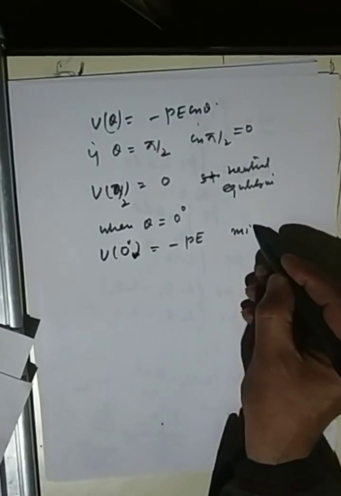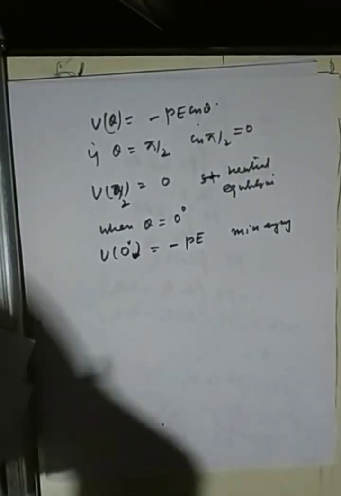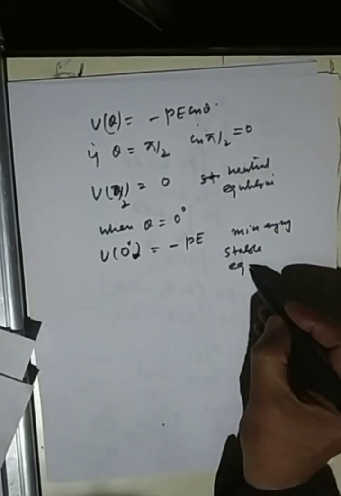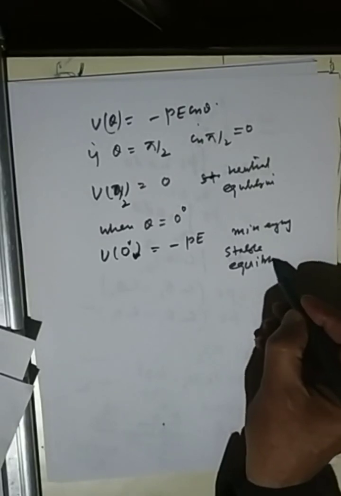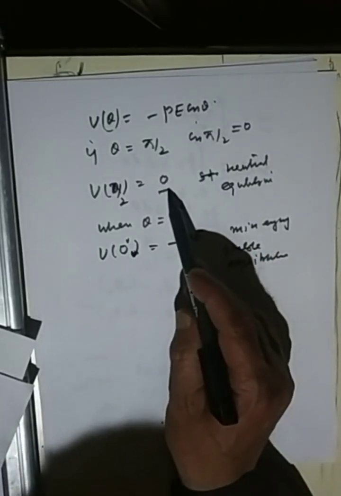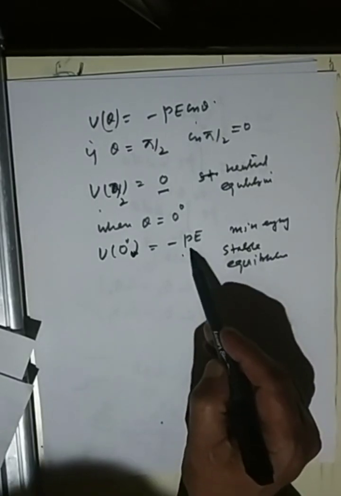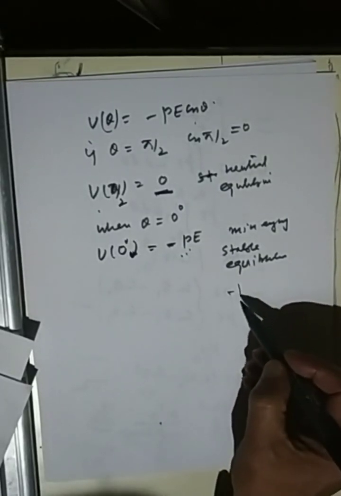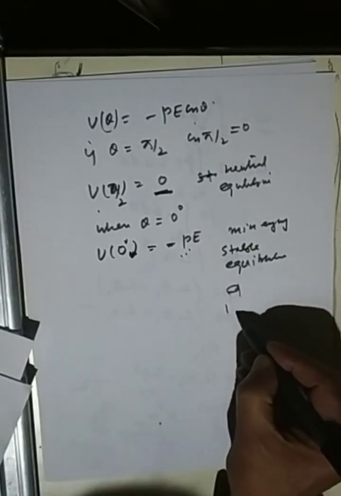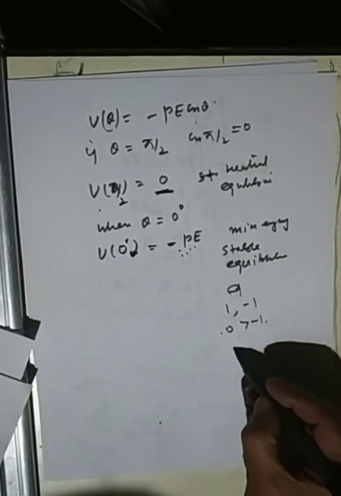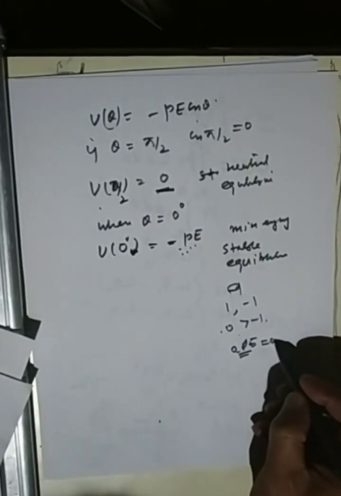This is minimum energy. जब डायपोल हमारा इस डायरेक्शन में होगा, तो मिनिमम एनर्जी, तो ये स्टेबल इक्विलिब्रियम, we say dipole is in stable equilibrium. अच्छा यहाँ पर एक बात नोट करो, 0 एनर्जी यहाँ पर है पाई बाई 2 जब एंगल होता है, यहाँ माइनस PE, because 0 is greater than minus PE.